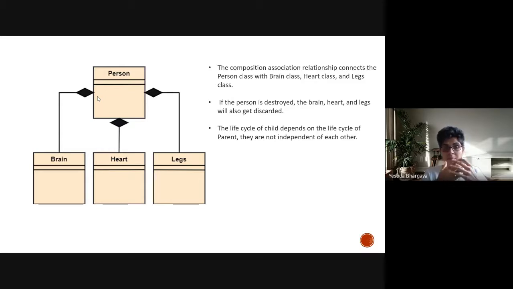If the parent class, the person class which is composing all these classes, is destroyed, then the other classes will also get discarded. So this is something to be kept in mind.